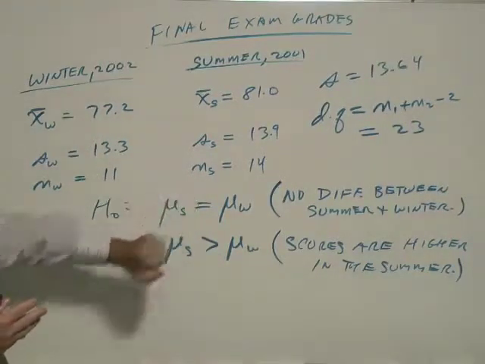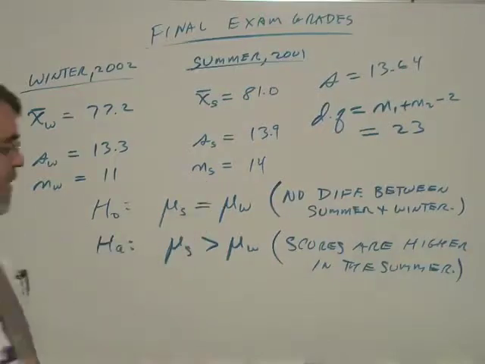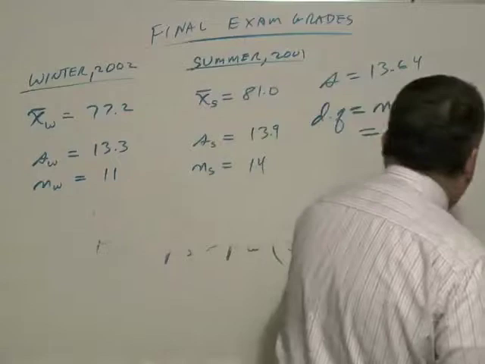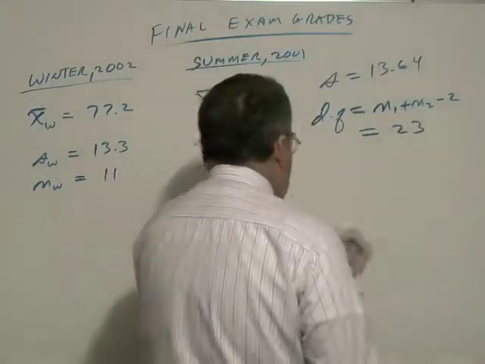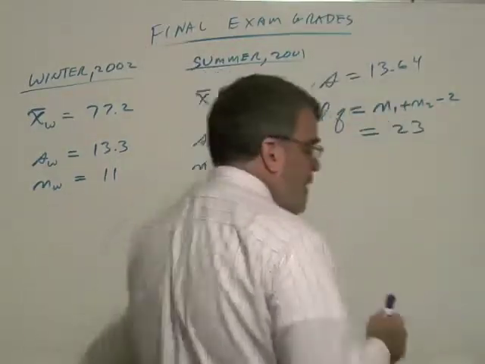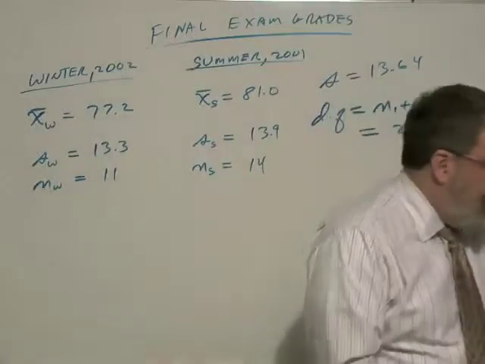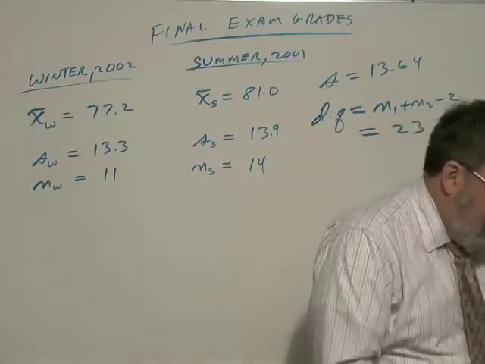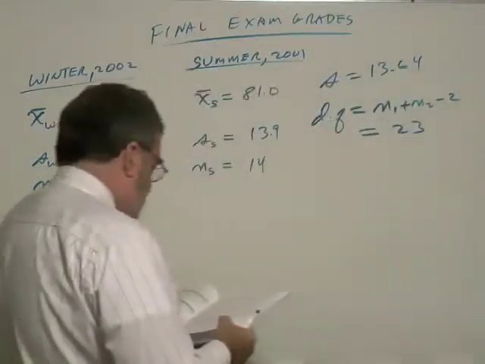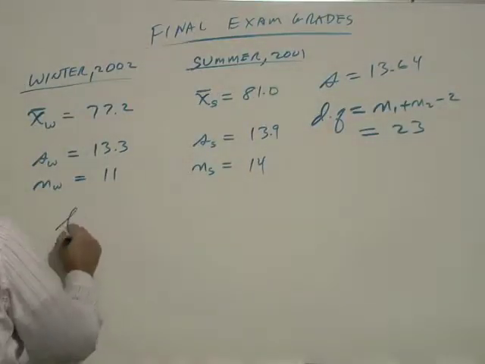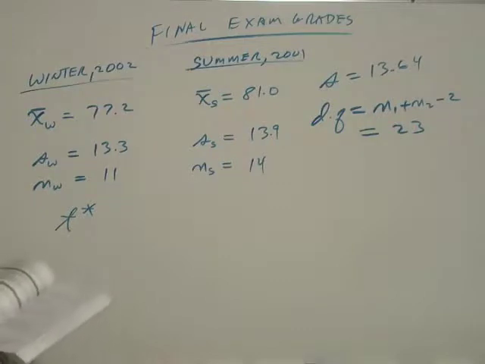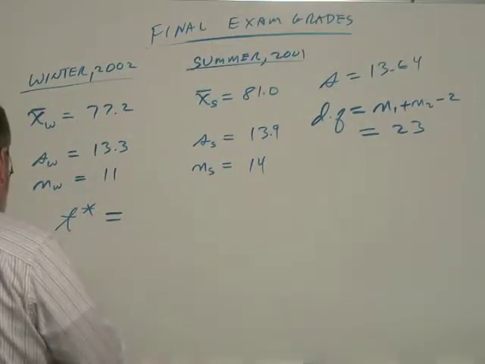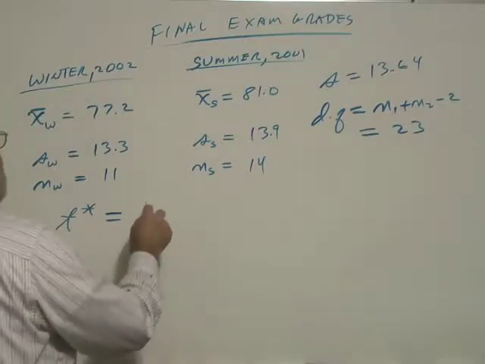I'm going to erase the hypothesis test so I can get my next calculation on the board. So now we're going to calculate the t-score, and I like to use t star as my symbol. The book does something a little strange here. Now I know I use t star and they don't. They've got y bar 1 minus y bar 2.